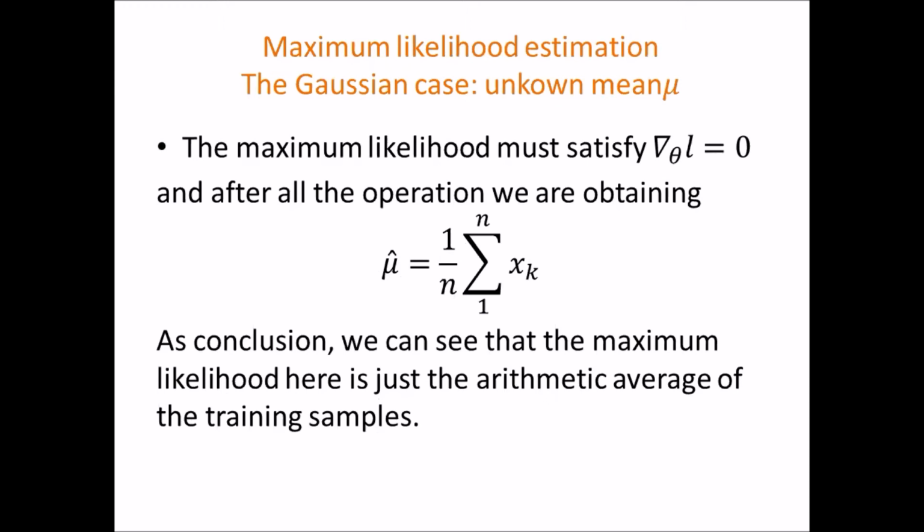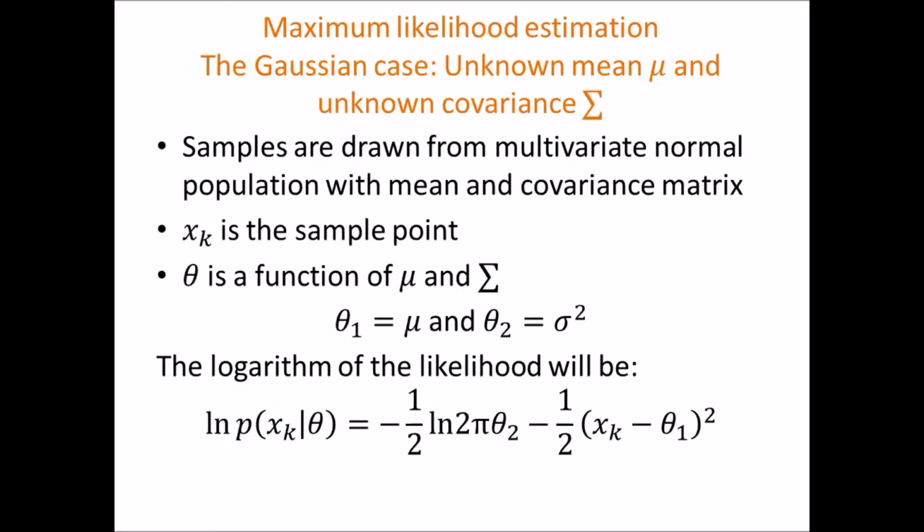The second case is where the mean and the covariance are both unknown. Means we have in this case two parameters to be estimated. Samples are drawn from a multivariate normal population with mean and covariance matrix. Xk is the sample point.